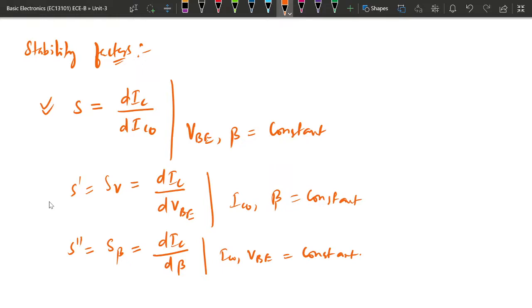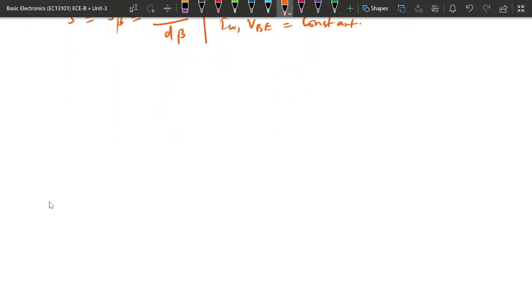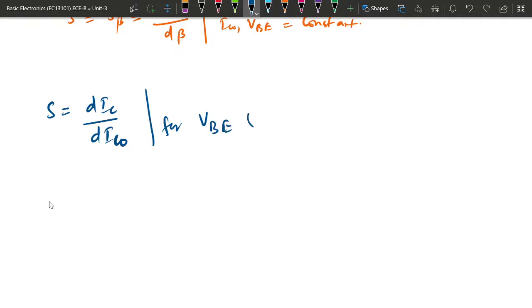So we will be seeing all the circuit performance based on this stability factor. So we can see the stability factor, that is DIC divided by DICO, for VBE and beta constant.